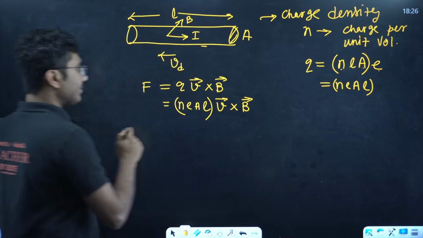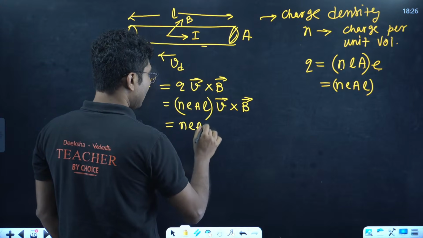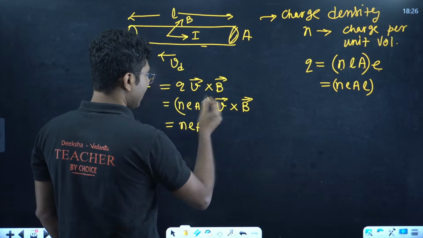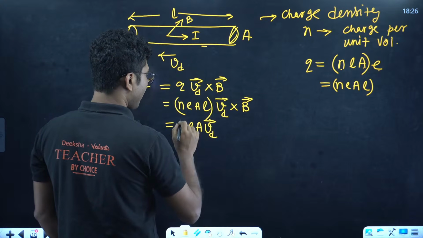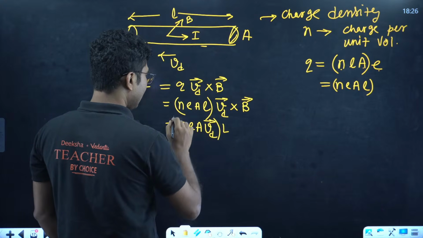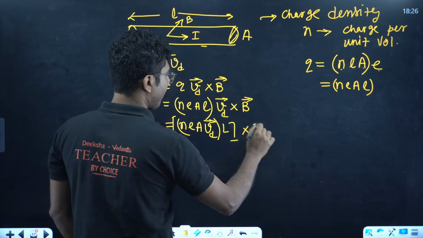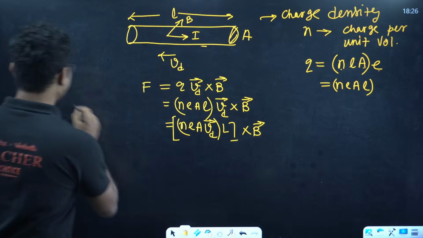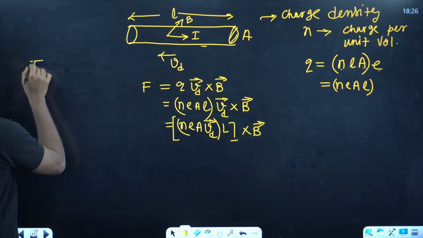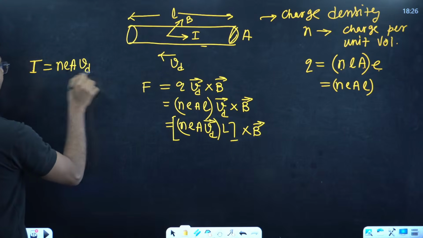Now this can be written as N E A, with the drift velocity V D, into L cross B. Now this N E A V D, if you remember, is the current.